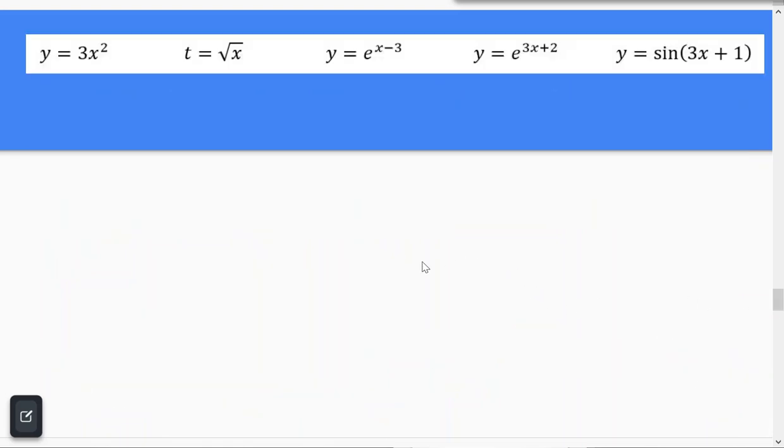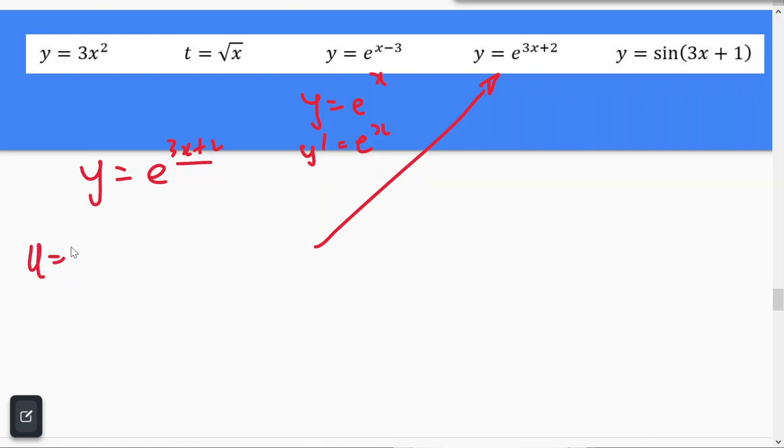So what might some of these examples look like? Well, if I was to do this one here, I've got y equals e to the (3x plus 2). I have a chain rule. I know that when y equals e to the x, the derivative, y dash, is equal to e to the x. So I'm going to make u equal to 3x plus 2, which means that du/dx is equal to 3.